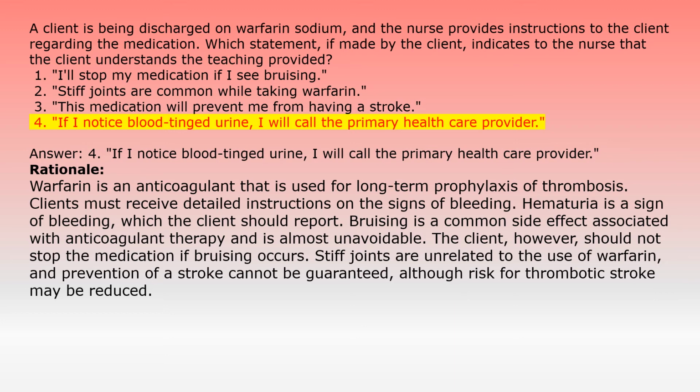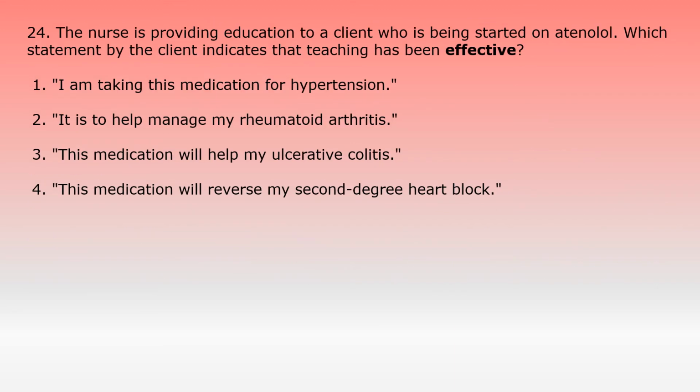Bruising is a common side effect associated with anticoagulant therapy and is almost unavoidable. The client, however, should not stop the medication if bruising occurs. Stiff joints are unrelated to the use of warfarin, and prevention of a stroke cannot be guaranteed, although risk for thrombotic stroke may be reduced.